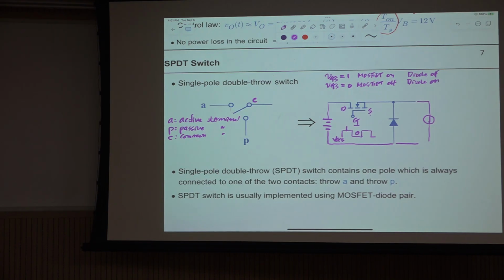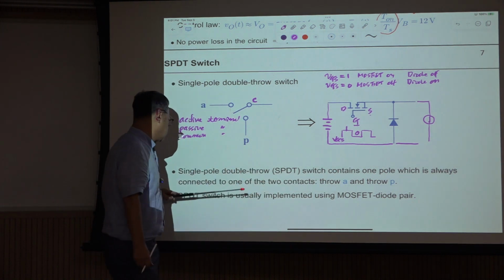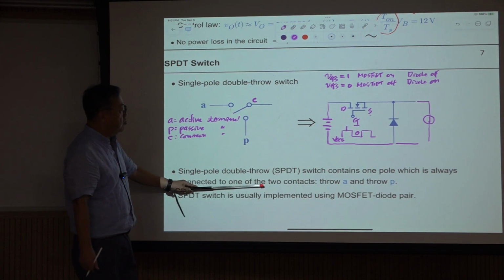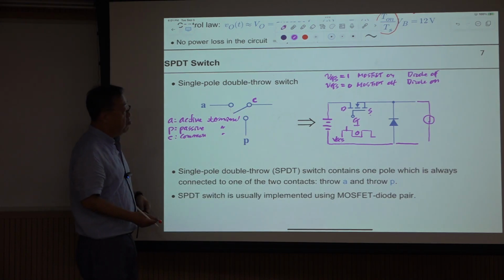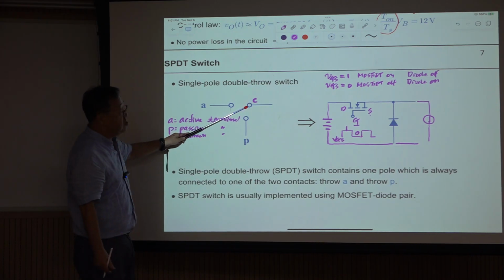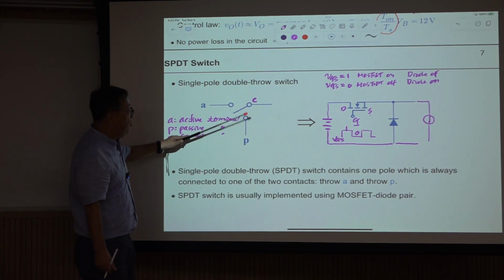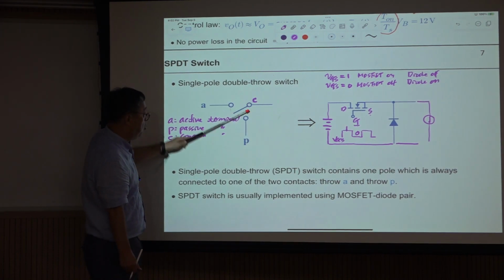So I wrote down here, an SPDT switch contains one pole which is always connected to one of the two possible contacts, through A or through B. Okay, so this is impossible. It cannot hang in the middle, so it should be connected to this one or this one.